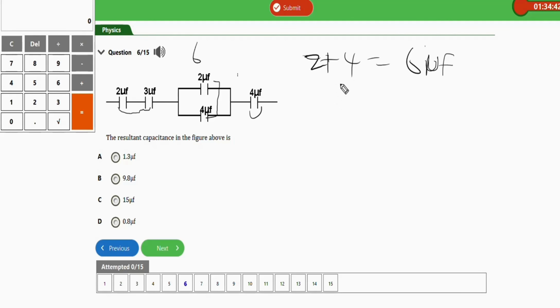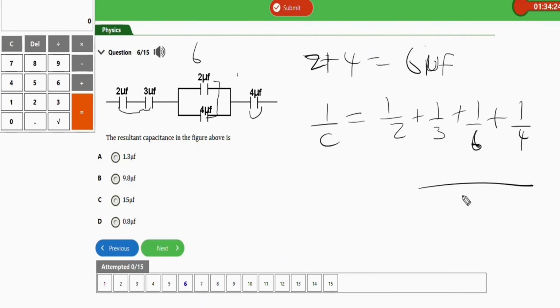Now we have this 6 in series with this 3 here. So now to get the resultant capacitance, the effective capacitance will be 1 over C. Remember, this is the formula for calculating effective capacitance in series. So it will now be 1 over C equals 1 over 2 plus 1 over 3 plus 1 over 6 plus 1 over 4. So the LCM here is 12. 2 into 12 is 6, 6 times 1 is 6, plus 4, plus 2, plus 3.